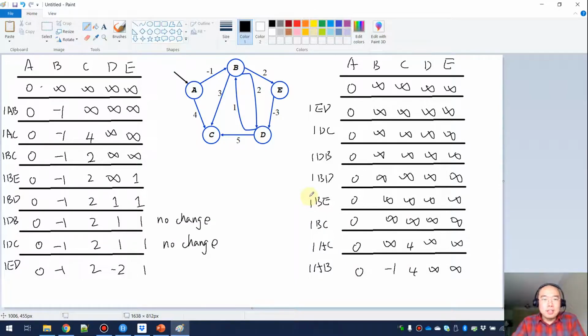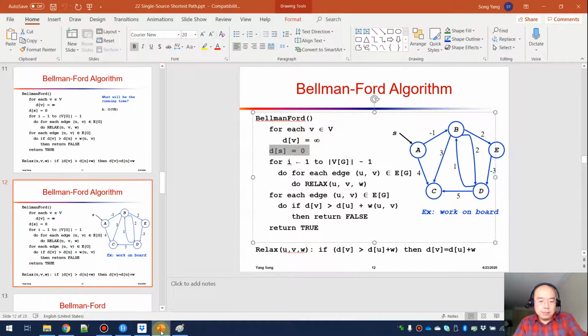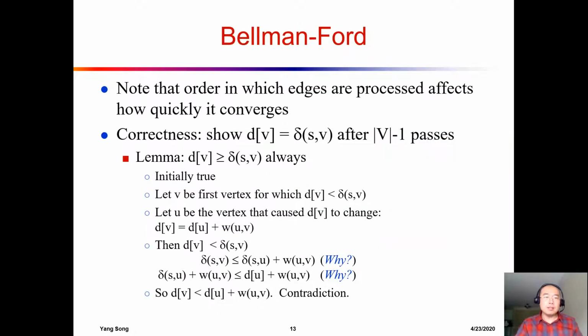Okay, so the observation is, let me come back. So the observation is, depending on the sequence of the edges we are visiting, the convergence may happen very soon, or it may happen very late. However, as long as we do a total of V minus 1 passes, it's guaranteed that we are going to find the solution.